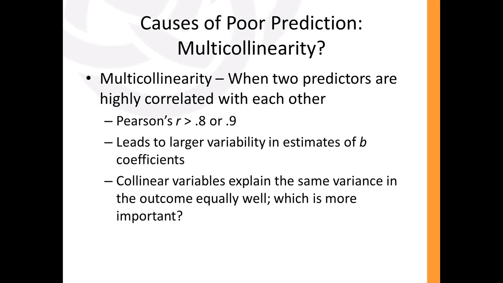The problem with highly correlated predictors is that it leads to larger variability in estimates of beta coefficients. Beta coefficients are basically correlation coefficients. So with a beta coefficient, you can essentially say for every 1 unit increase in a predictor, what is the concomitant increase in the outcome?